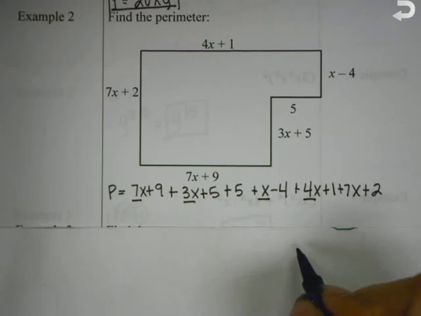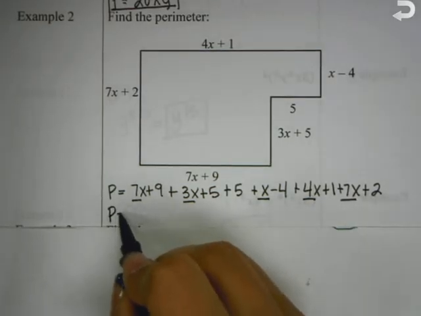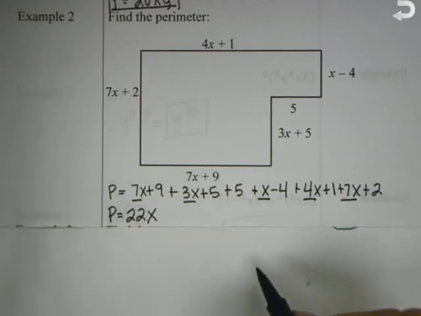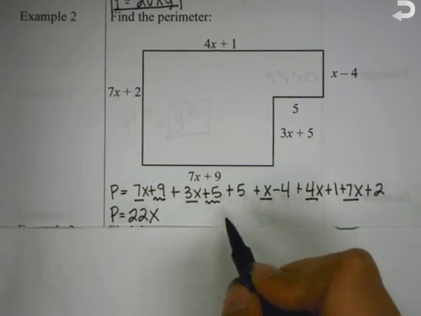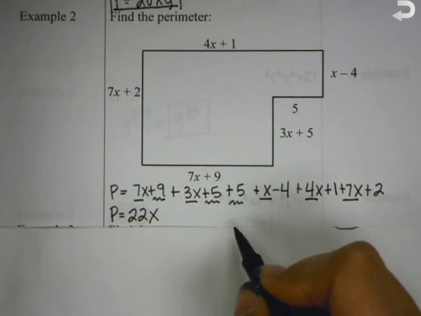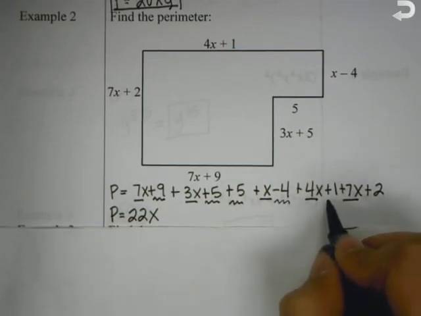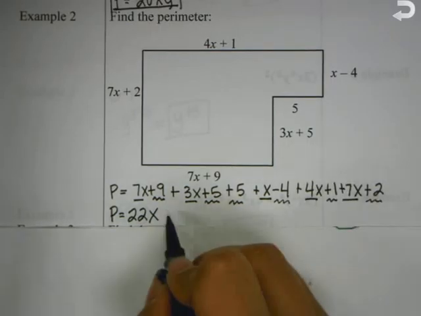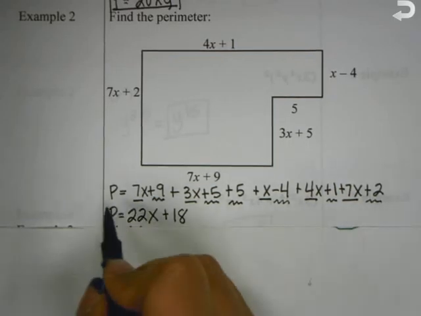Then we want to add up all of those constants, just the numbers. 9 plus 5, 14 plus 5, 19 minus 4, 15 plus 1, 16 plus 2, 18. So 22x plus 18. And that's my perimeter. So I'm done.